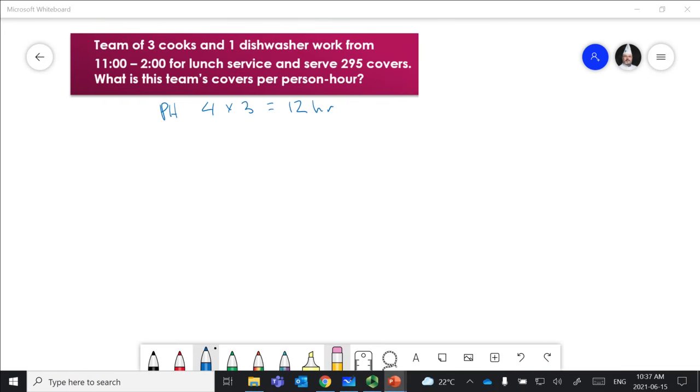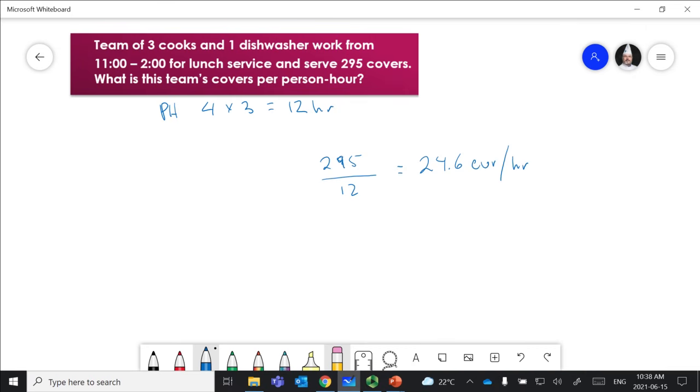So now we want to know how many covers can we serve with those 12. So we had 295 covers divided by our 12 is going to give us a covers per person hour of, as I calculate here, 24.6 covers per hour.